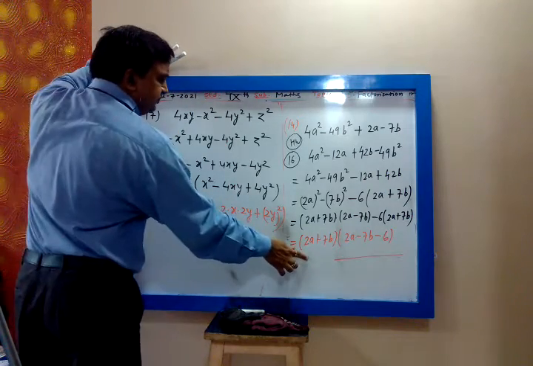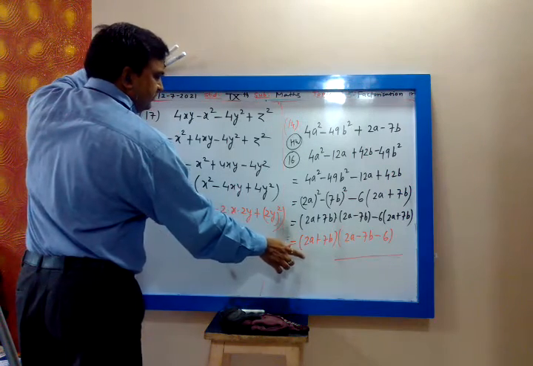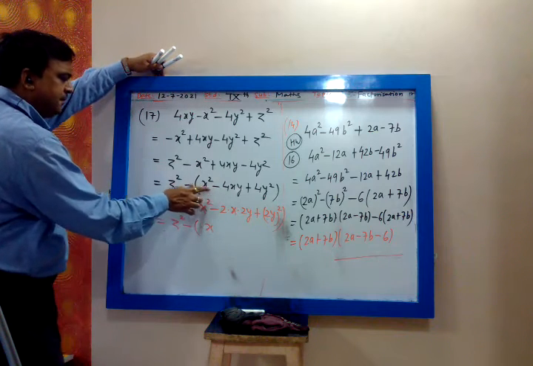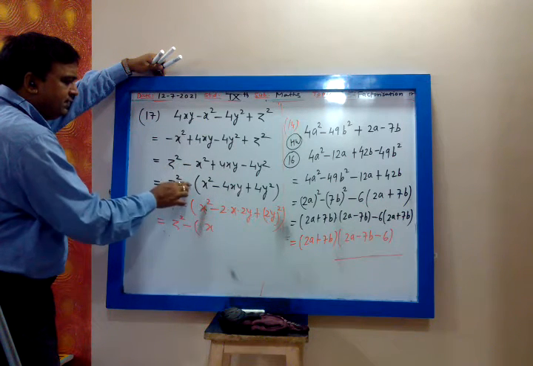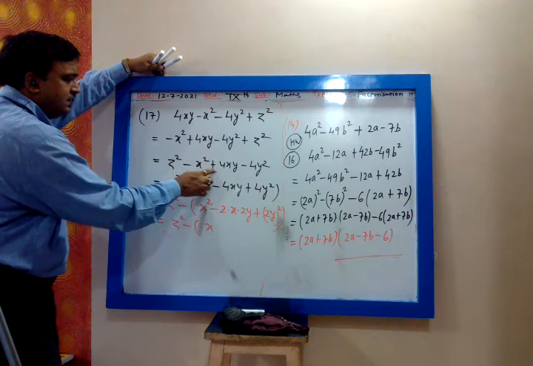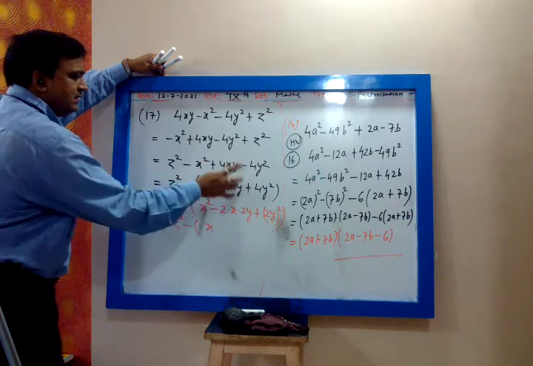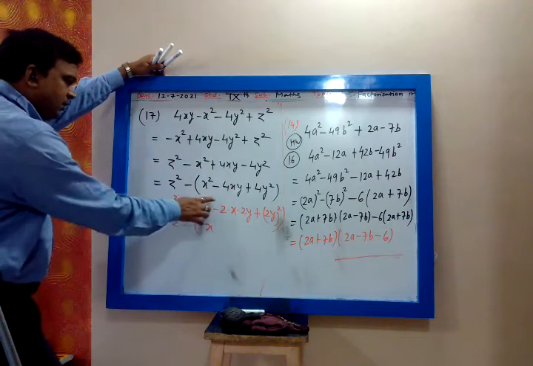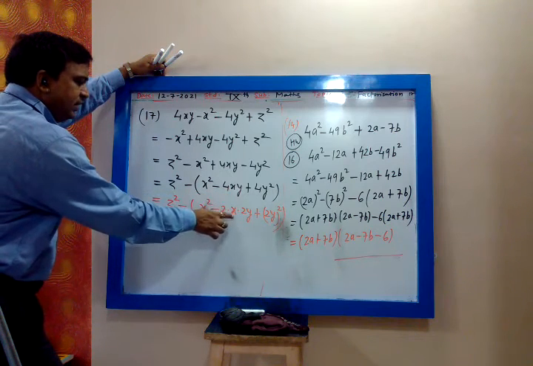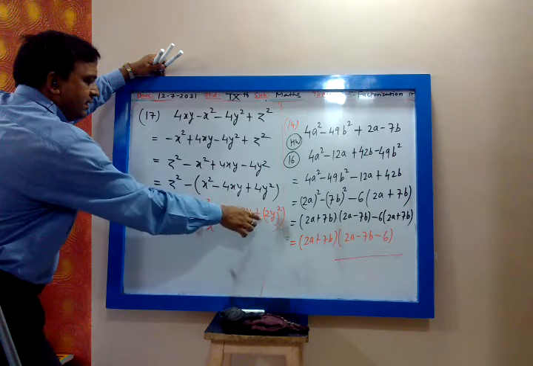When you take minus outside the bracket, the inside signs will change: plus will become minus, minus will become plus. 4xy I can write as 2 into x into 2y, and 4y square I can write as 2y whole square.